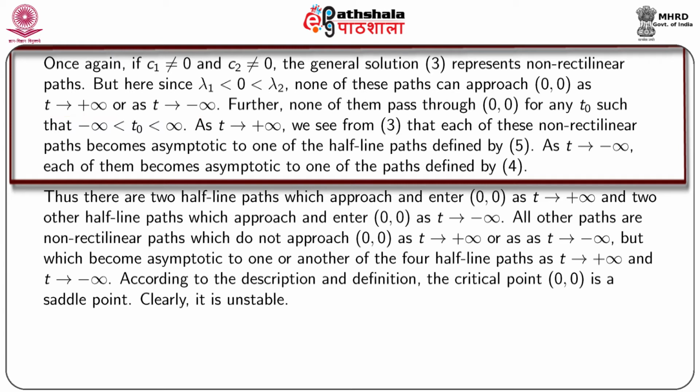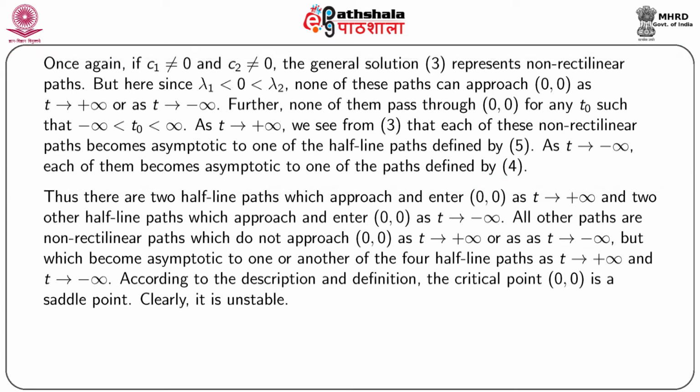Moreover, none of them pass through 0 0 for any t0 such that minus infinity is less than t0 less than infinity. As t tends to plus infinity, we see from 3 that each of these non-rectilinear paths becomes asymptotic to one of the half-line paths defined by 5, and as t tends to minus infinity, each of them becomes asymptotic to one of the paths defined by 4.